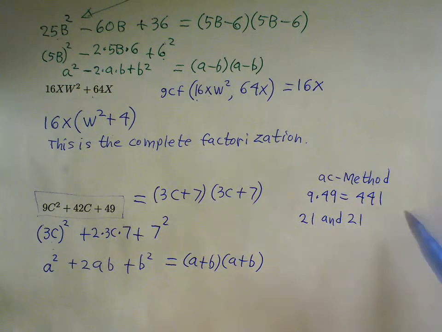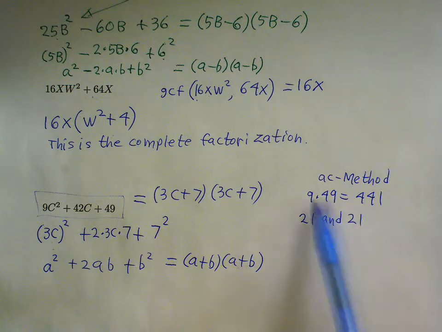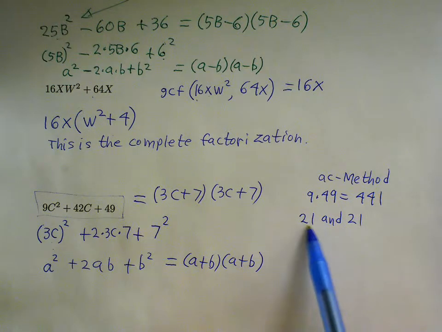So just another reminder, if you're using the AC method to factor a perfect square trinomial, after you multiply a times c, the two integers that you're looking for are identical.